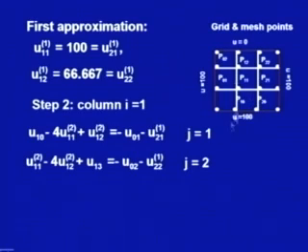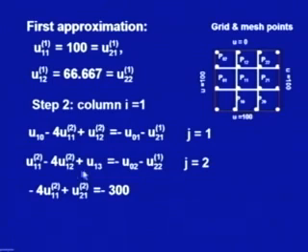So, this is for j equal to 2. Now let us write the points. u10 means this point, which is 100, then u01 means this point, this is also 100, and u21 in the initial one, that is the first approximation, we had got as 100. So, what we have got again is minus 300.